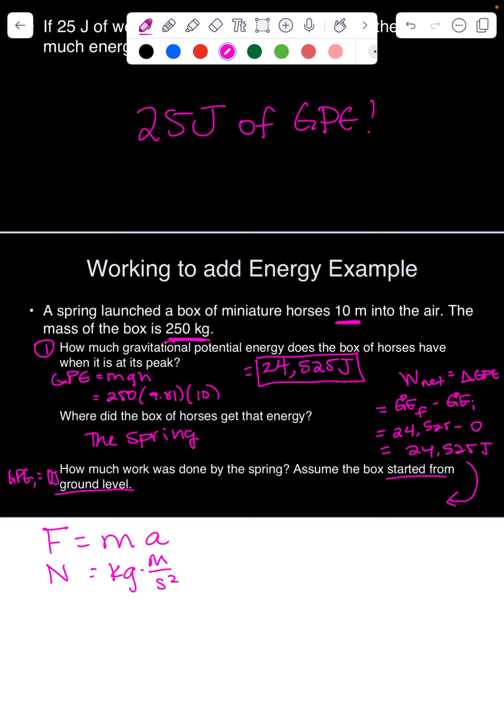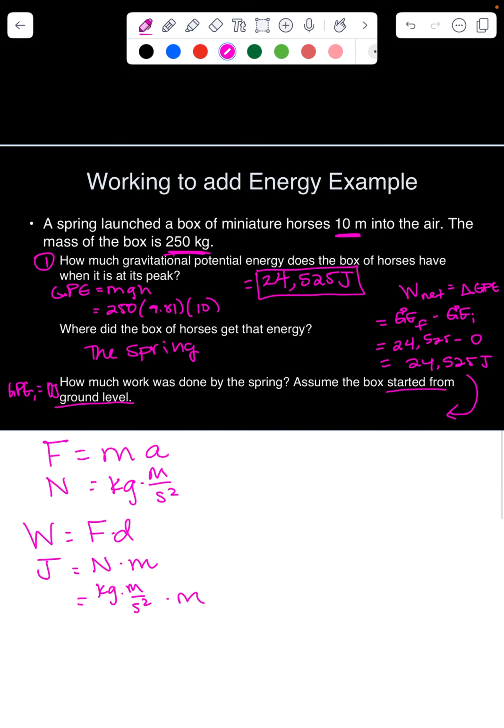We know that work is equal to force times distance. We know that work is measured in joules and that joules can be broken down into a Newton meter. A Newton is a kilogram meter per second squared, times meter. So a joule is equal to all of that.